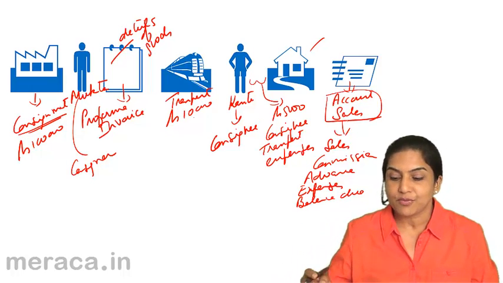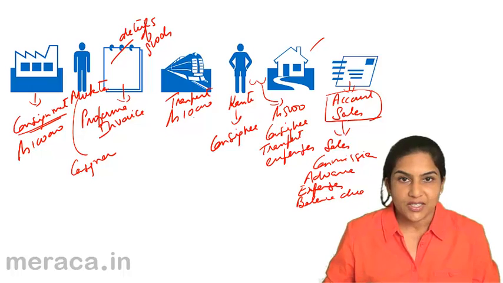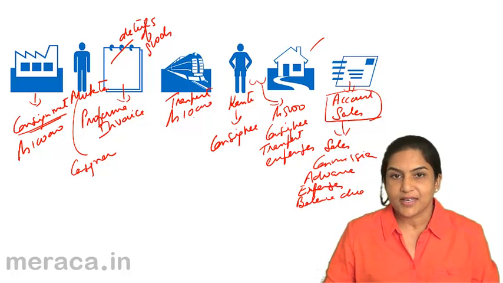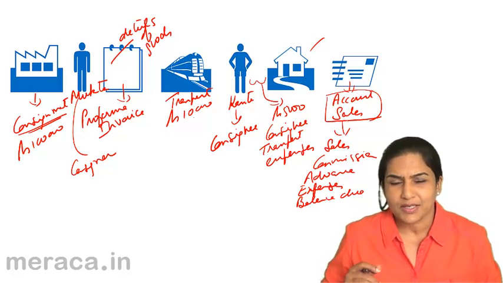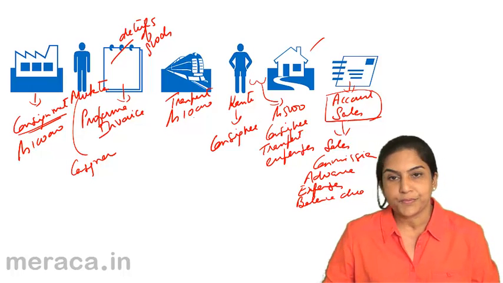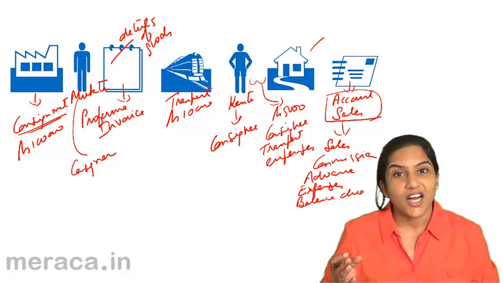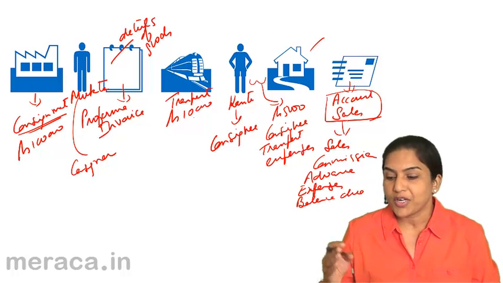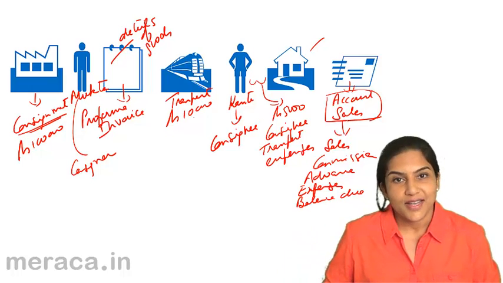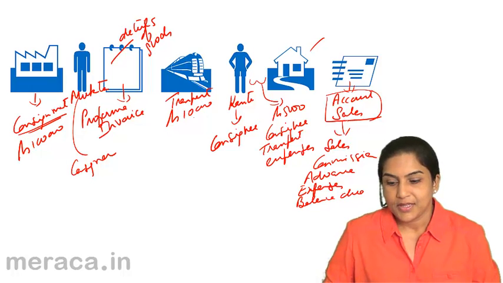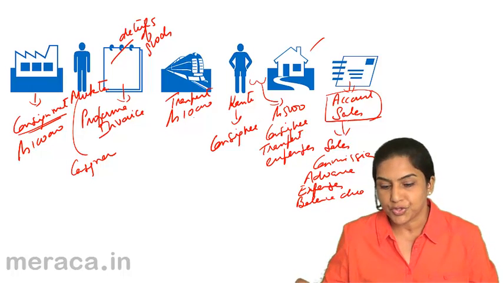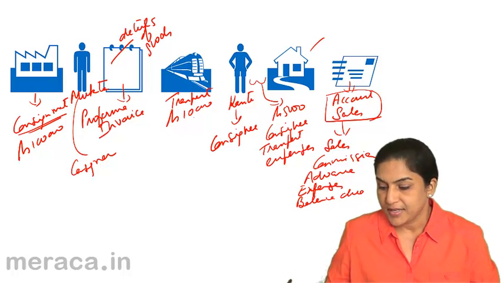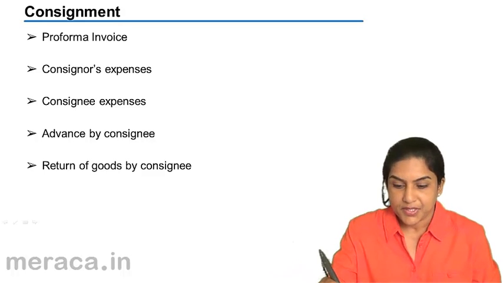Account sales is sent by the consignee to the consignor, informing the consignor that so much is the sales made, so much were the expenses which were incurred, so much is the commission which is due, so much may be the unsold inventory, and therefore what is the balance due to the consignor. This is in brief the consignment procedure and some of the related terms.